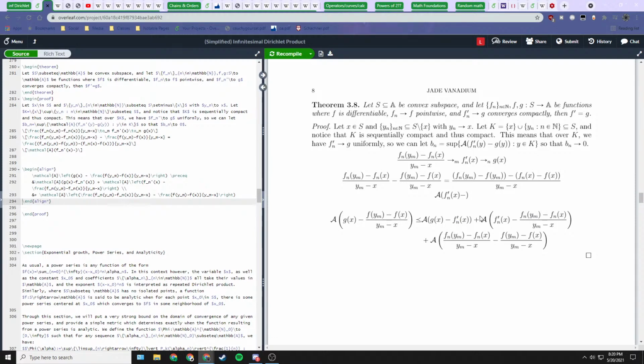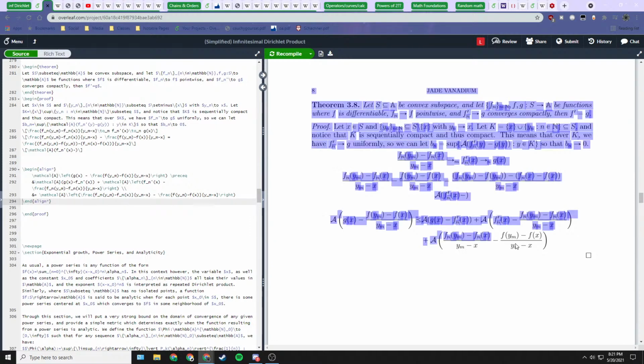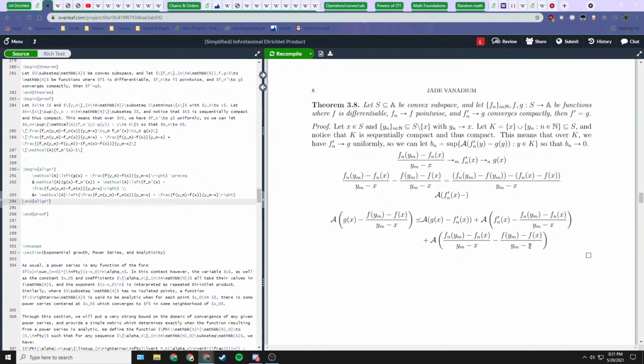This with m. So eventually, this one will go to 0 with m, regardless of how we take n, so long as we take m. So this will go with m, this will go with n, and it's just this one. So we need to show that this one goes when we take m. That there's some bounds we can take on this one that'll go to 0 with m.